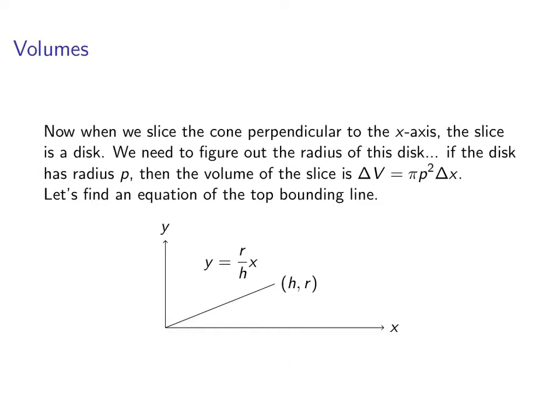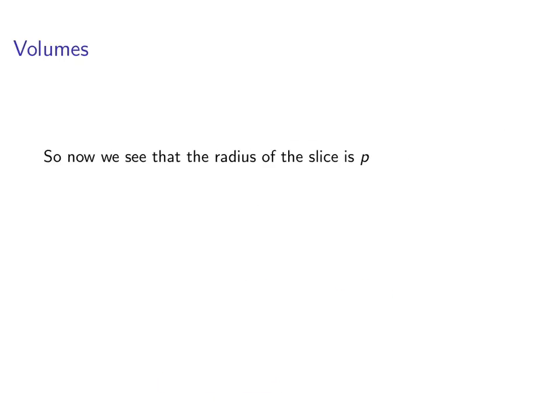The coordinates of this point here are h comma r, because remember that this distance here was the height and this distance here was the radius, and so we have a line y equals r over h times x, because the slope of that line is r over h. Alright, now we can see that the radius of the slice is p, which is equal to y, and y is equal to r over h times x.